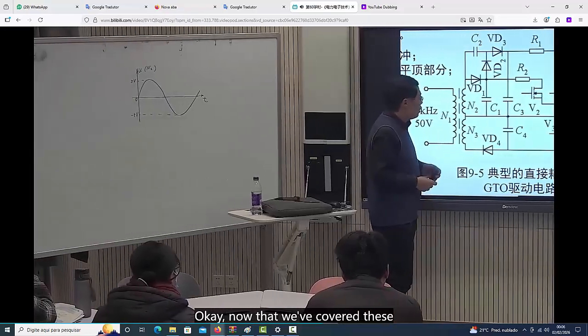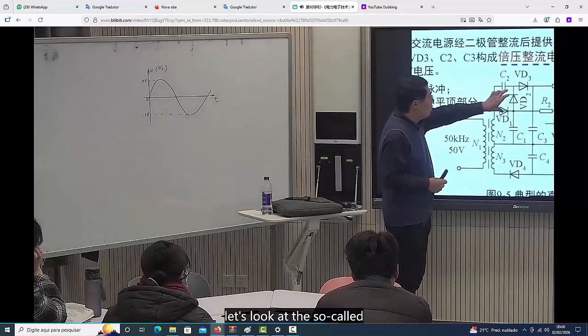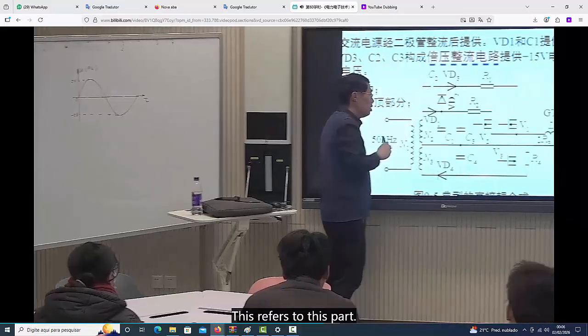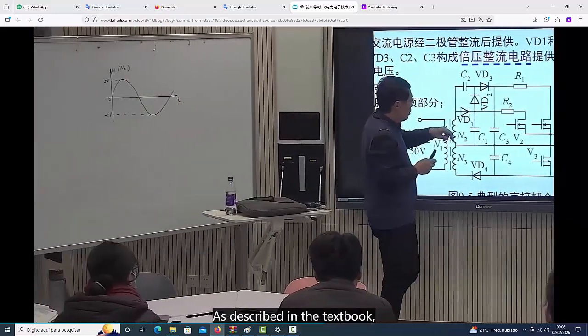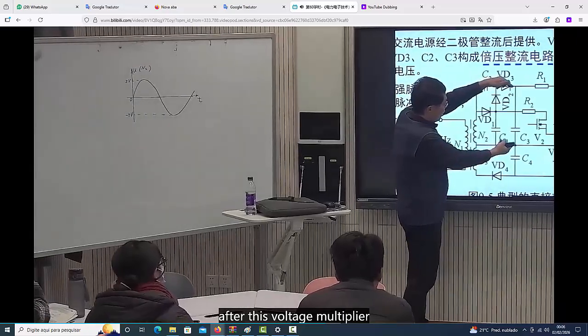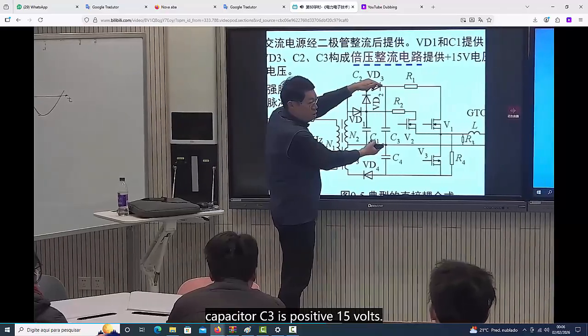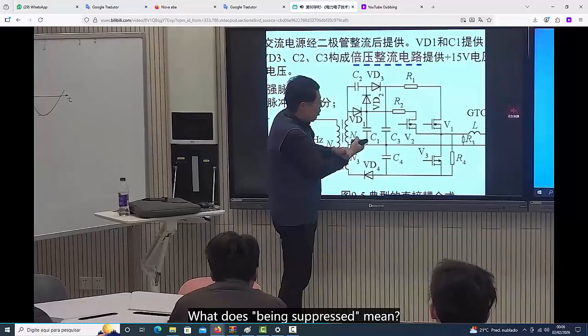Okay, now that we've covered these basics, let's look at the so-called voltage-doubler rectification mentioned above. This refers to this part. As described in the textbook, after this voltage multiplier rectification, the voltage obtained across the capacitor C3 is positive 15 volts. What does being stepped up mean?